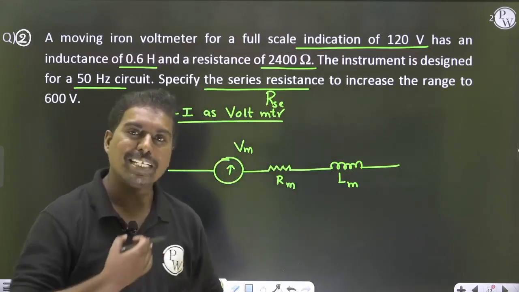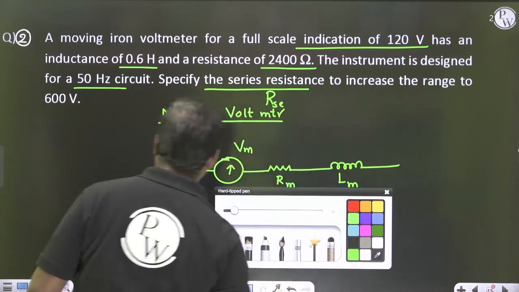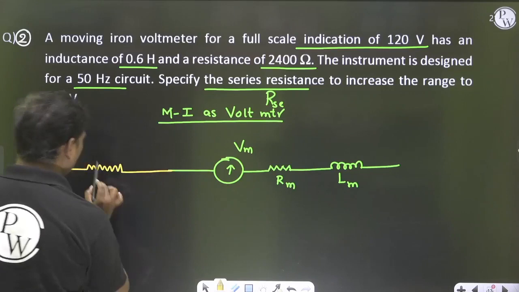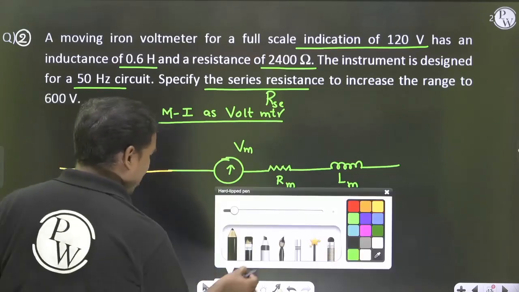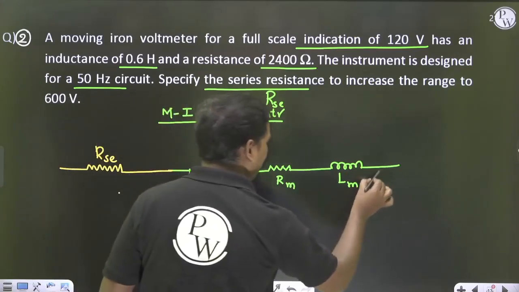But if we want to increase its range, what we have to do, we have to attach a series resistance. So this is the series resistance. Without series resistance, the voltmeter voltage, so this is the voltage, okay?